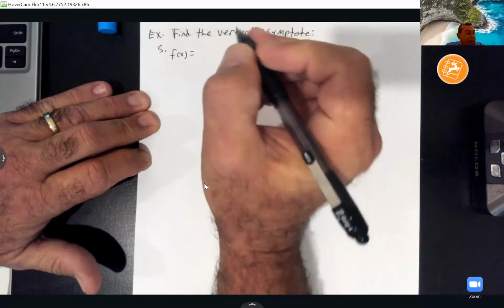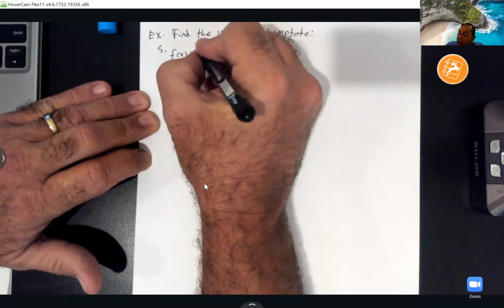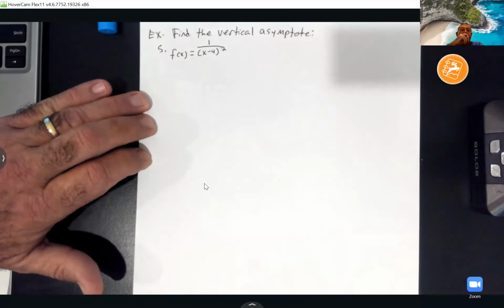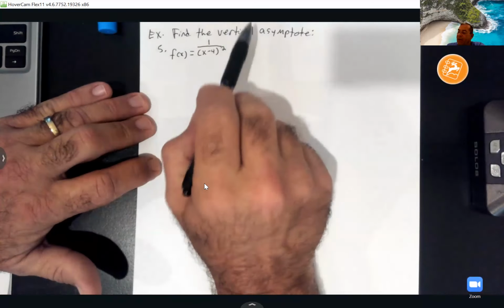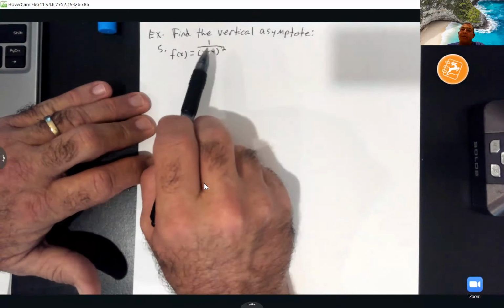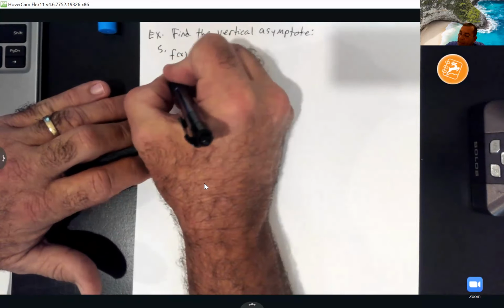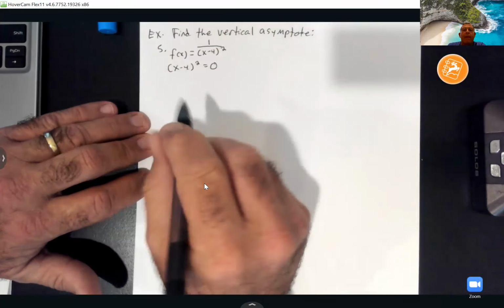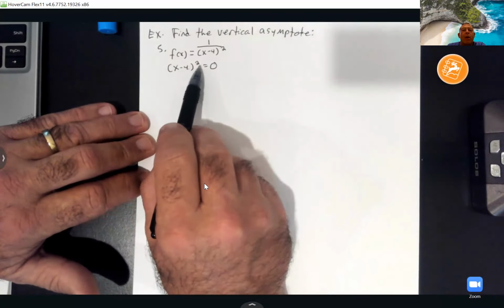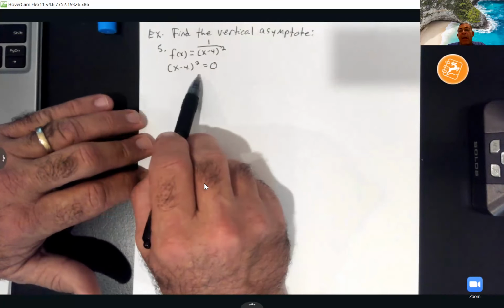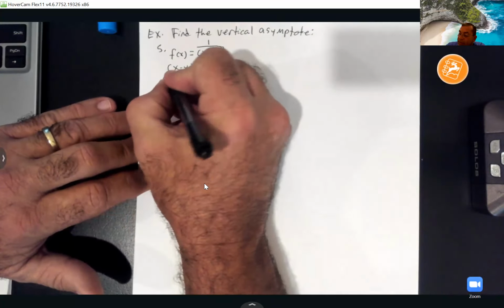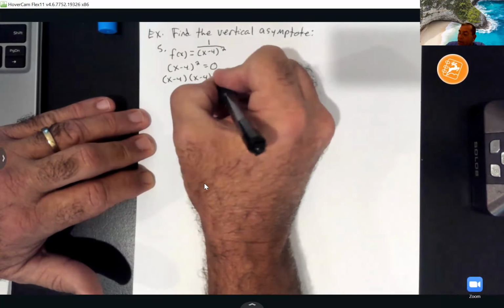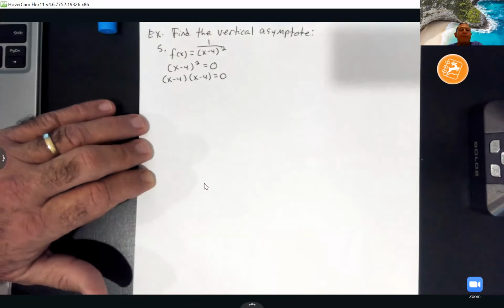So I'll do this one where I got f of x equals 1 over x minus 4 squared. So to find a vertical asymptote, remember, we're going to take the bottom, set that equal to 0. Now, this x minus 4 squared means I got an x minus 4 times an x minus 4, and it's all equal to 0.